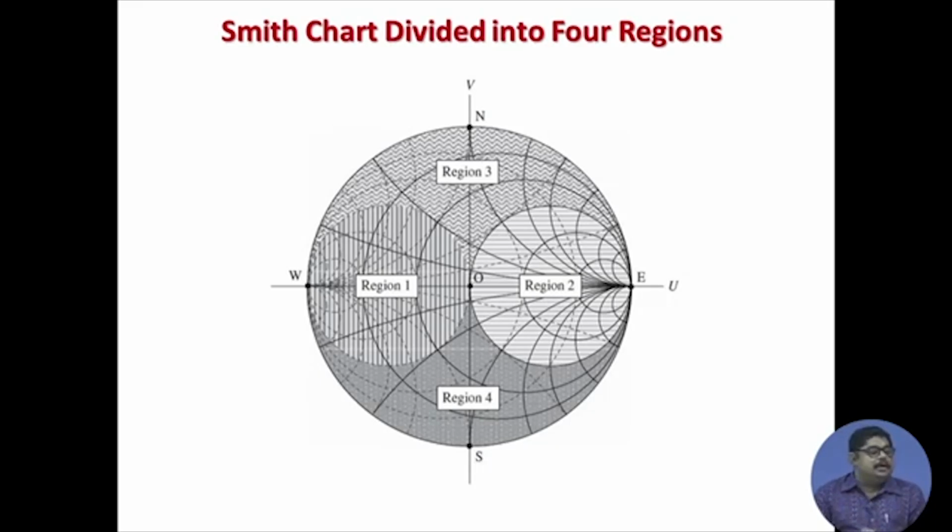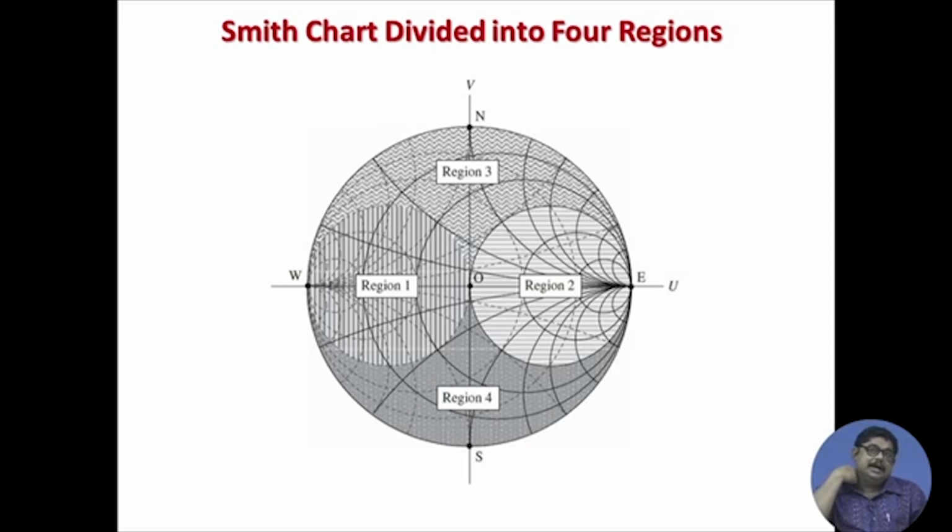For that, the Smith chart is divided into 4 regions, as you can see. How are the regions defined? Suppose region 1: in the admittance chart, that is the 1 plus jB circle, the left part of the Smith chart, passing through the center as one periphery and the left end of the Smith chart as the other periphery.